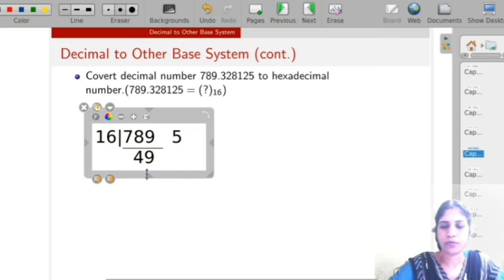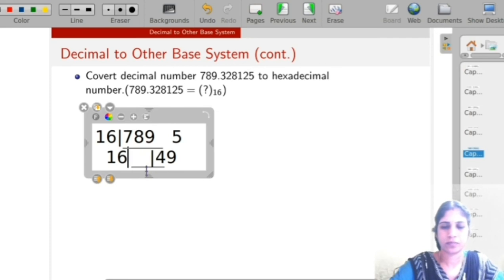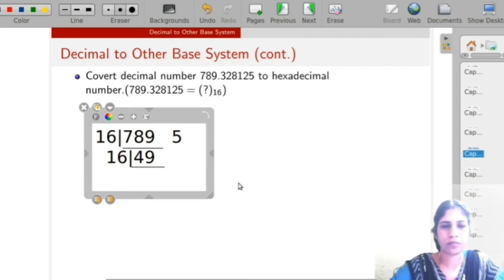Okay, again divide 49 by 16. 16 threes are 48.